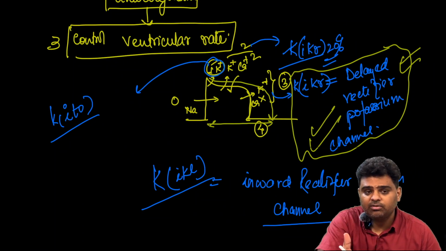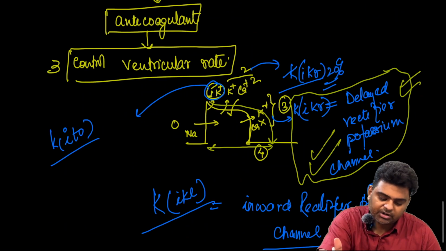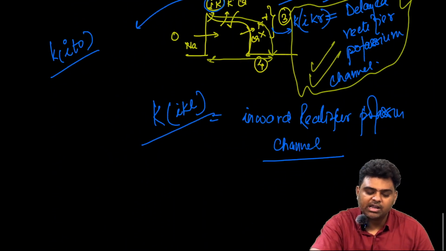There are some atrial fibrillations which are refractory to the drugs. Now this is the mechanism of how amiodarone or ibutilide works.